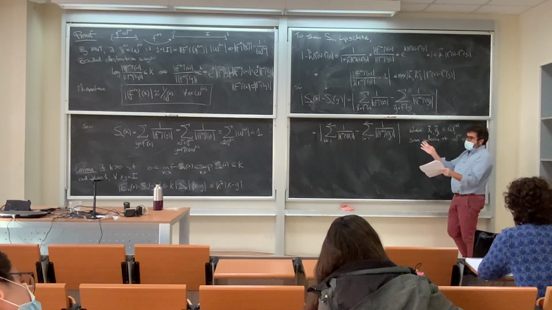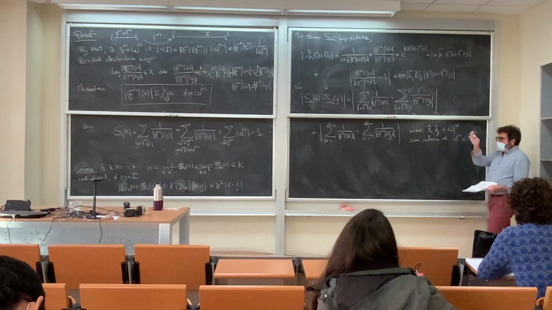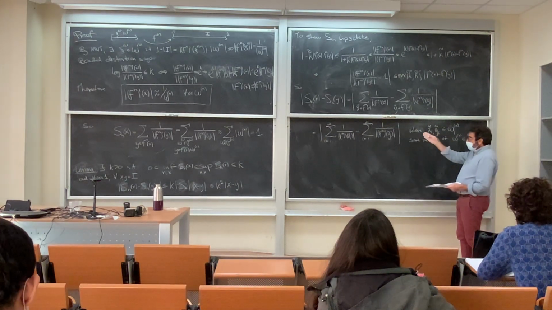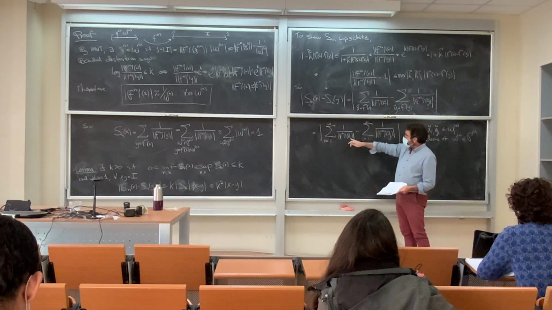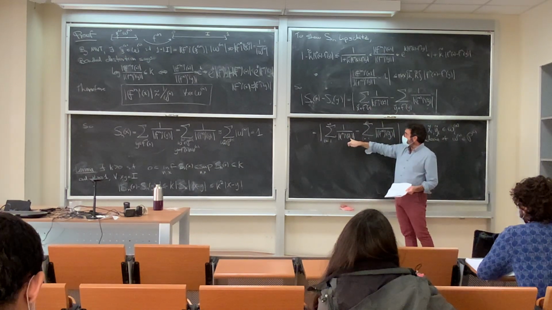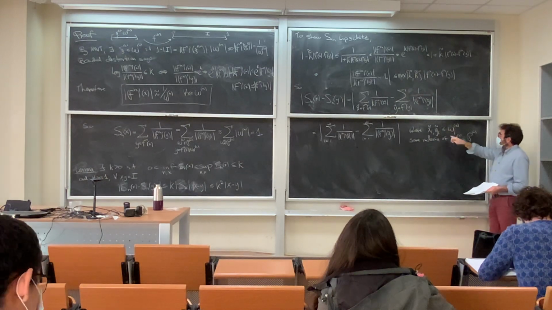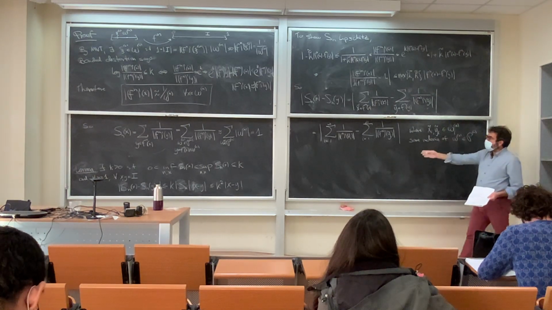If it's a finite partition, we can just look at the order of them, right? 1, 2, 3, 4. We can order them, and we can index these in such a way that xi and yi belong to the same partition element, right? And we can do the same thing here also.